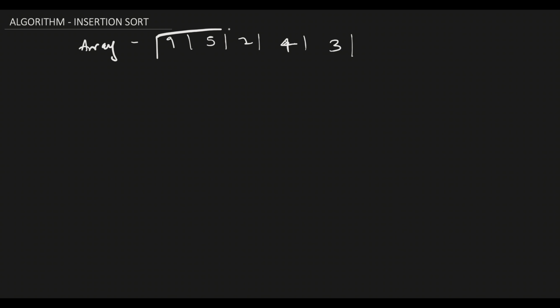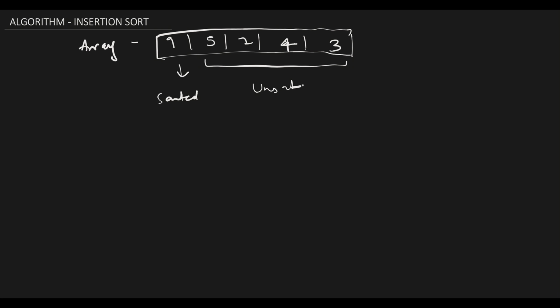The concept in insertion sort, like I have told you, is that we treat it like a pack of cards we are playing. We consider the first element as always sorted, and the rest of the elements as unsorted. We compare this element with the unsorted part, and based on this comparison, the size of the sorted array increases on every iteration.